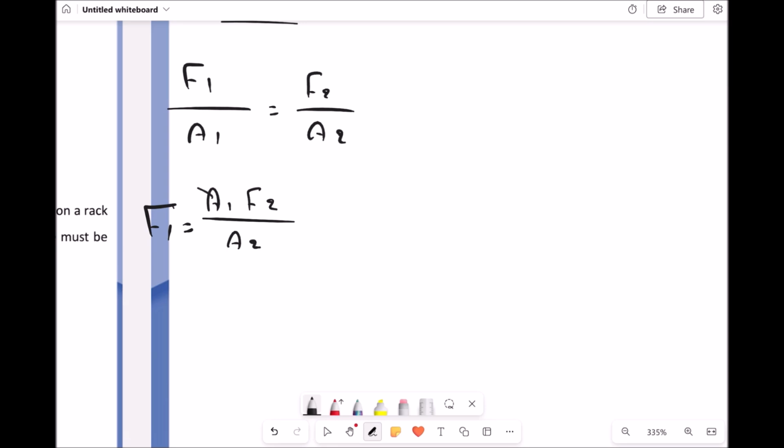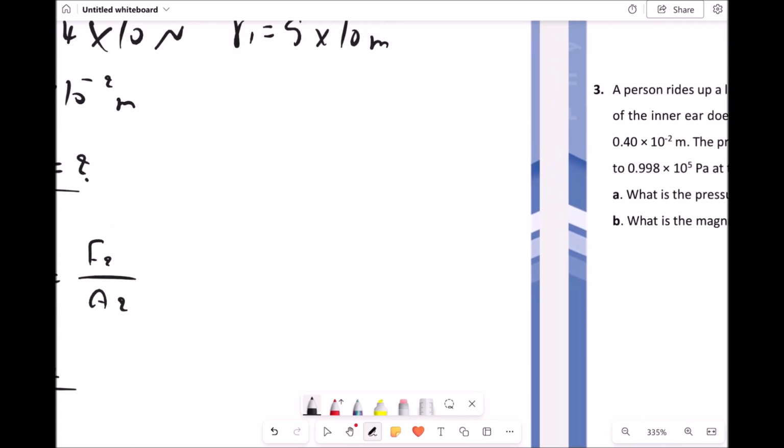Now guys, do I have A1? No. Do I have F2? Yes. Do I have A2? No, I don't have the second area. So we are going to find it using the radius. I told you sometimes in the question you're going to be given the radius, you should find the area, then you will have to put it in the equation. So area 1, the first area, is equal to pi r squared, the first area, careful.